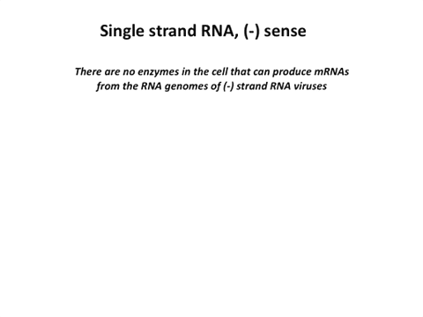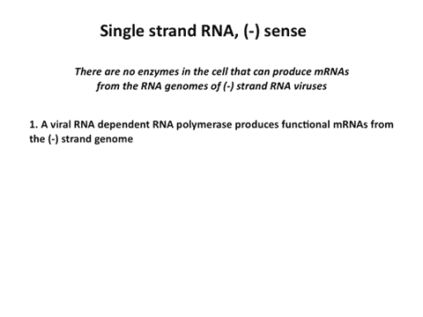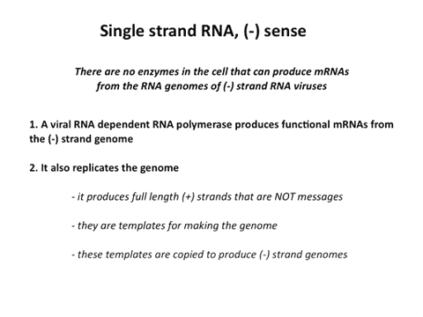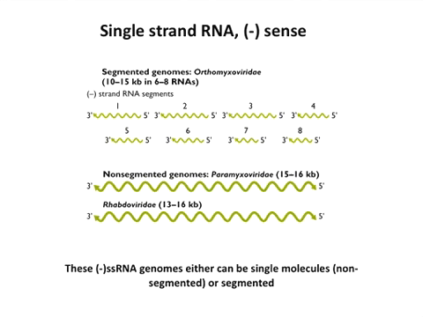There are no enzymes in the cell that can make mRNAs, so the viral enzyme does that, and it also replicates the genome. And I've told you all of this information. So here are what the genomes look like. These minus strand RNA genomes can be either in pieces, which we call segmented, which is shown up here, or they can be non-segmented.